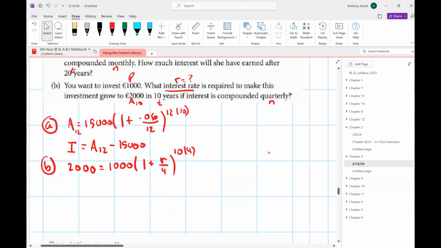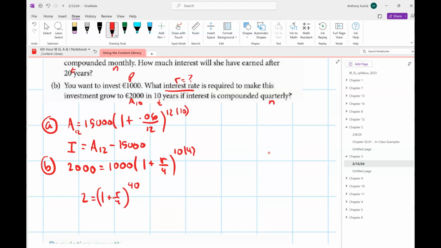To solve this algebraically, what would I do? Divide by 1,000, right? Now to get rid of that exponent of 40, what do I have to do? Not a log. Oh, was it square root? Yeah, 40th root, right?